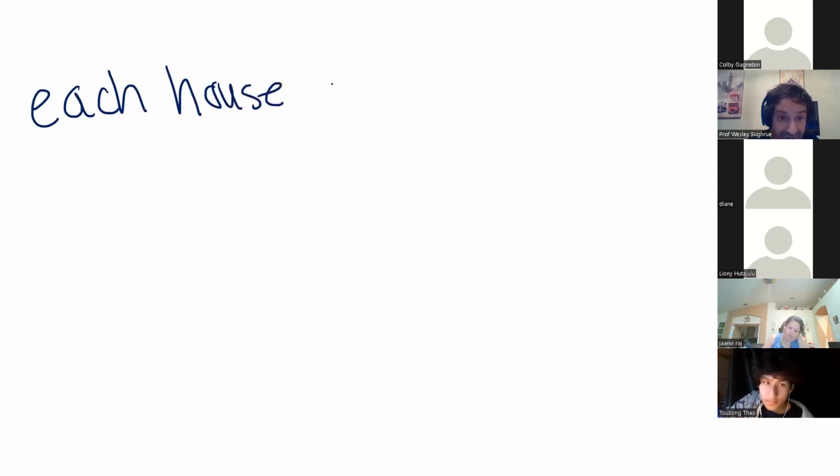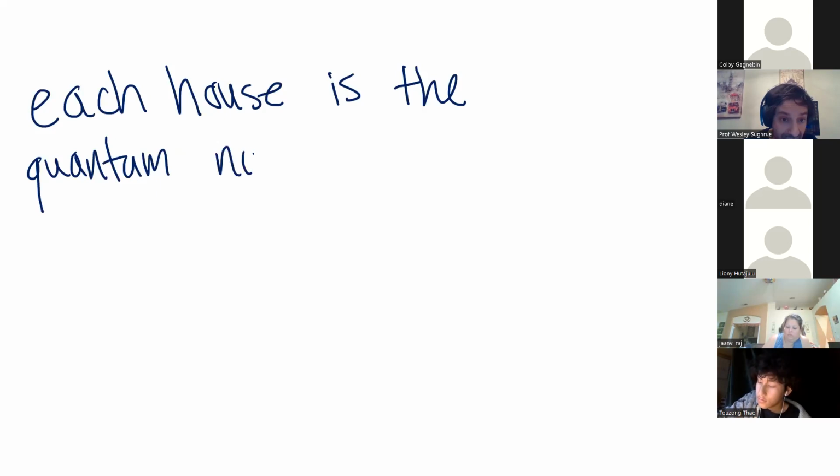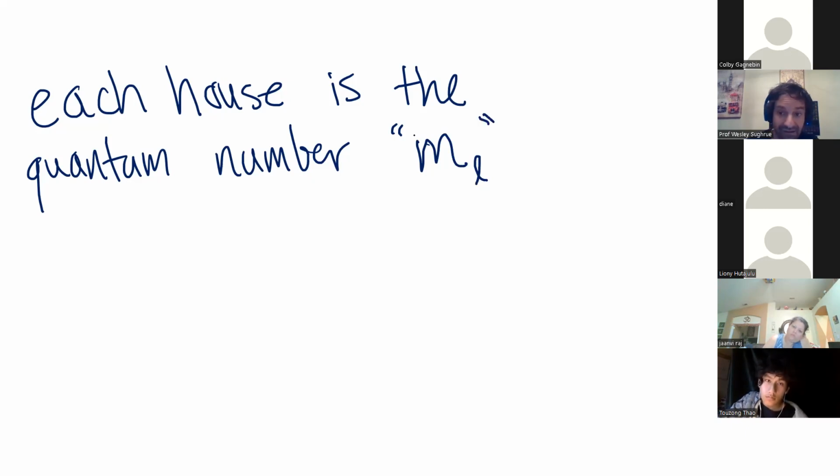So that was each street. Each house is representative of the quantum number known as M with the subscript lowercase cursive l.